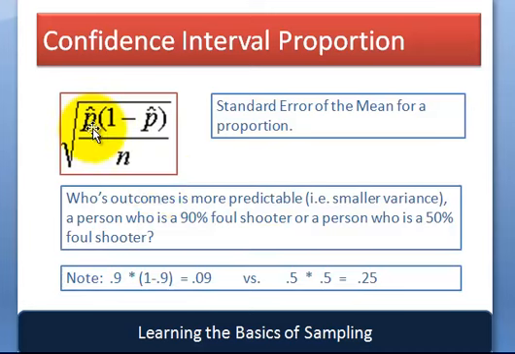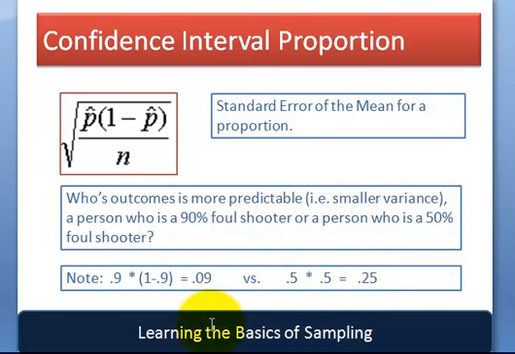Well, note what's happening up here. Our p hat times 1 minus p hat for the 90% foul shooter is going to be 0.9 times 1 minus 0.9, which is 0.09, versus 0.5 times 0.5, which is 0.25.